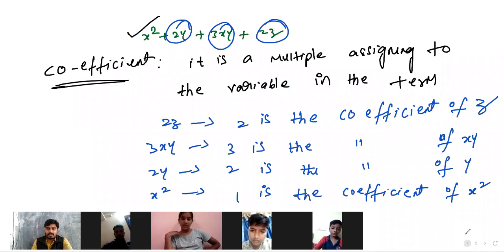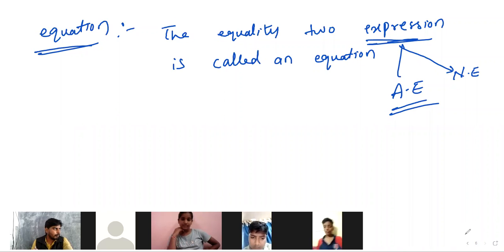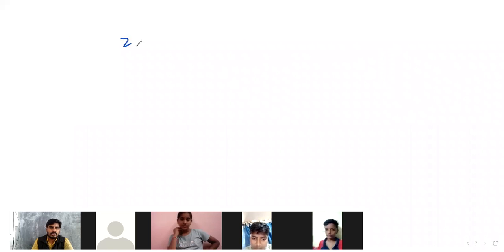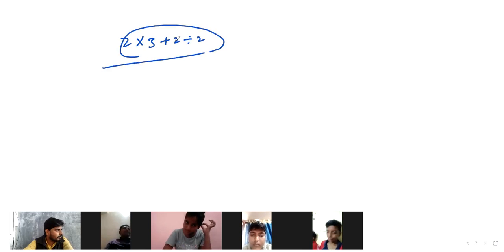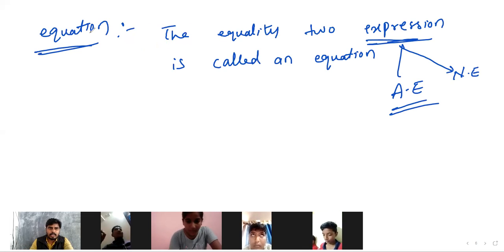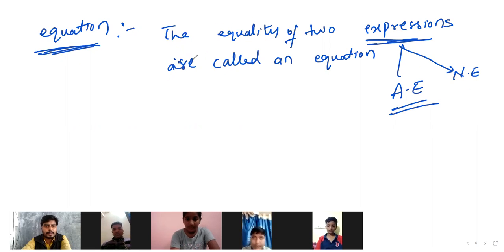What is meant by a numerical expression? It does not contain any variables. It is only in number form. Suppose I write 2 into 3 plus 2 divided by 2. This is a numerical expression. In the equality of two expressions, we have two parts, LHS and RHS.